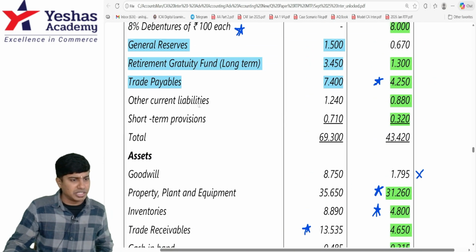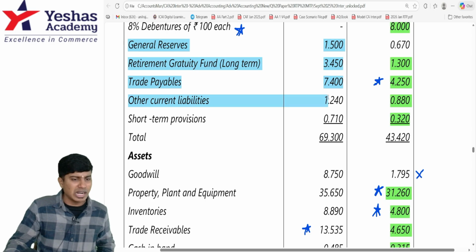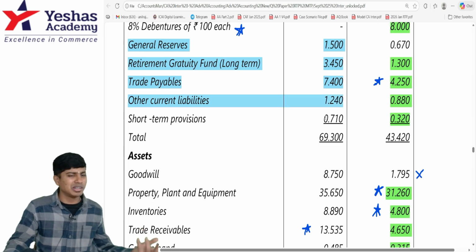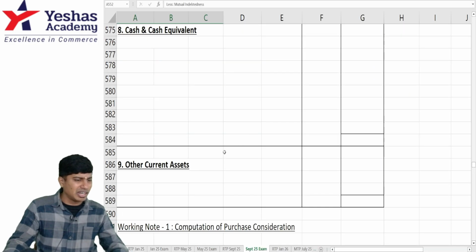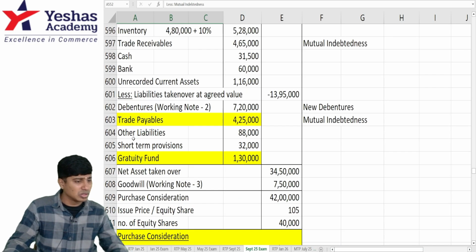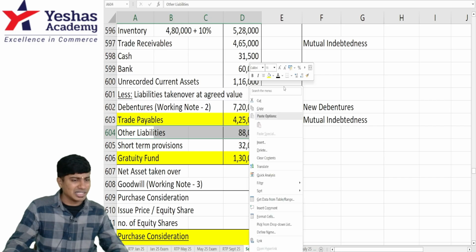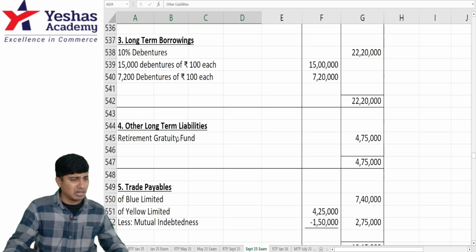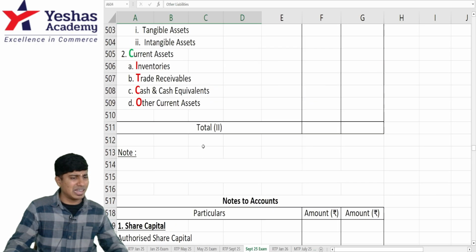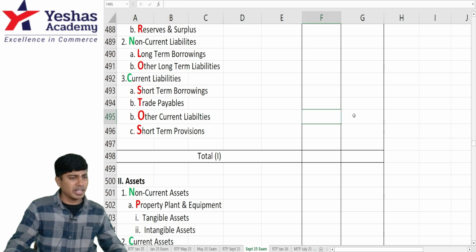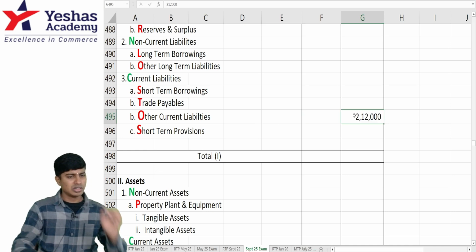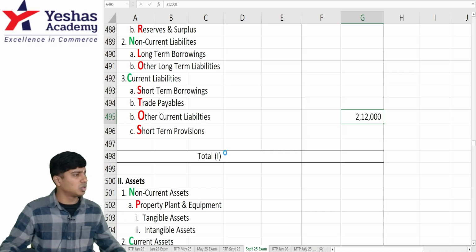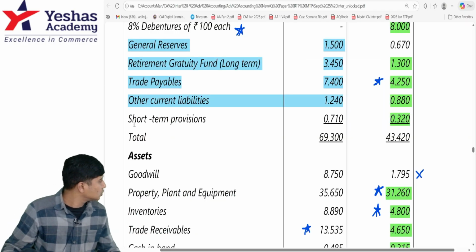Next item in the balance sheet. Other current liabilities. 1,24,000. No adjustment. And I think we have taken their other current liabilities also. 88. Just add them together. 2 lakh 12. I'll write it in other current liabilities straight away in balance sheet. If you want, I can open one notes to accounts. Otherwise, you can write it straight away. 2,12,000. Next, short-term provisions.